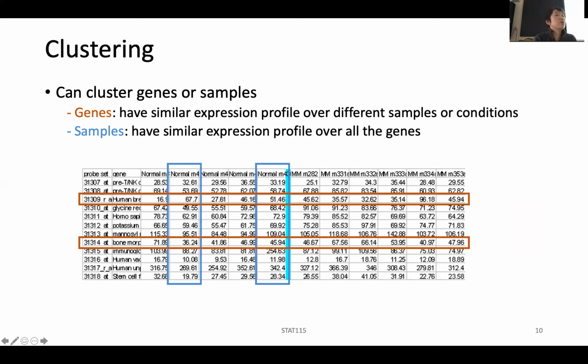Very often people use the log TPM value here. Remember, TPM is what you use for your gene expression, but very often people use the log TPM because there are some genes that are expressed much, much higher, so you want to adjust the noise a little bit. You can calculate the log TPM on every gene, and then compare the two samples to see whether they look similar or not.